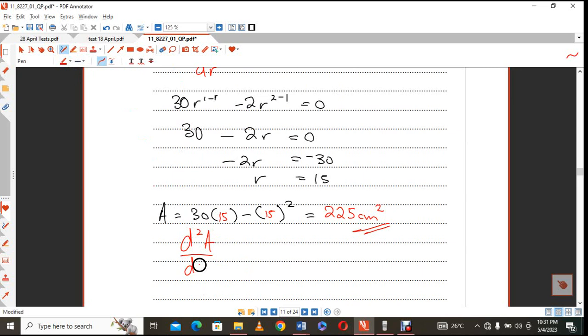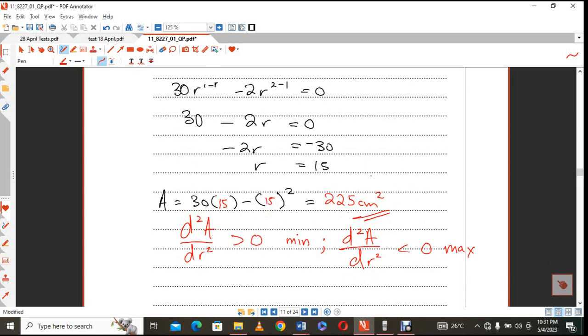If this is greater than 0, if you do the second derivative, then you are dealing with a minimum. Or if the second derivative of the area with respect to the radius squared is less than 0, then we have got a maximum, or the nature of the roots will be maximum.